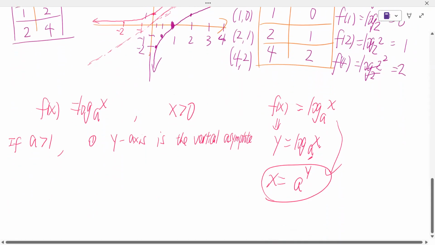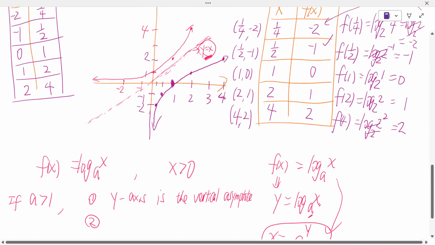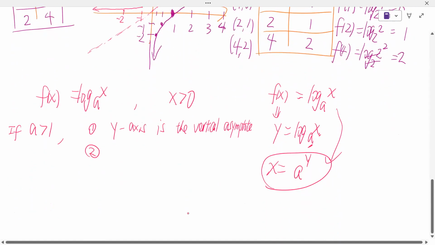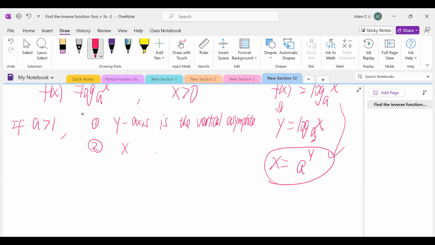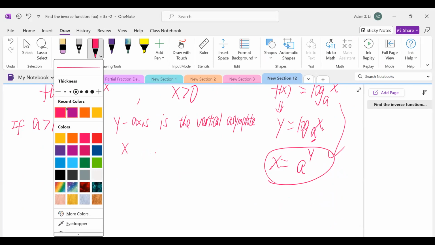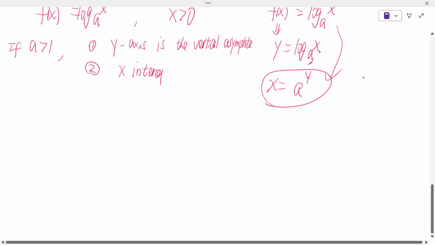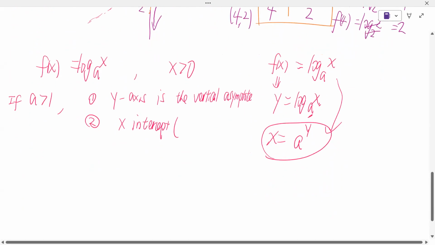That's the first thing, right? Secondly, there is an x-intercept. The x-intercept will be 1, 0, right?